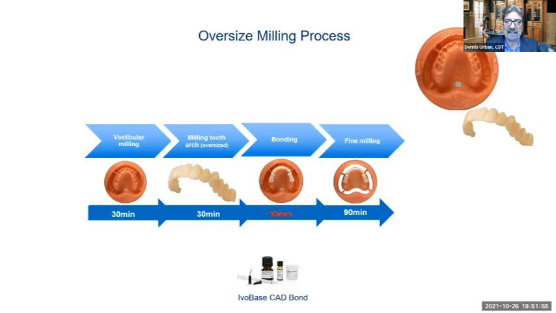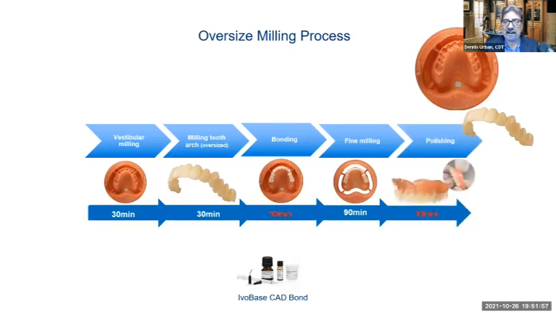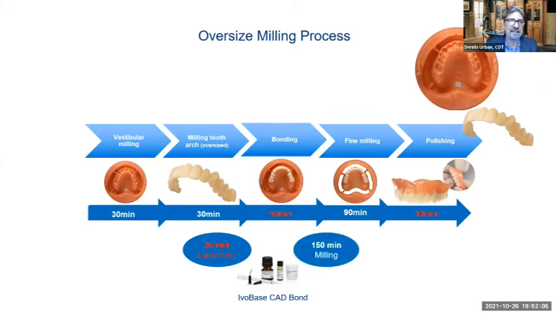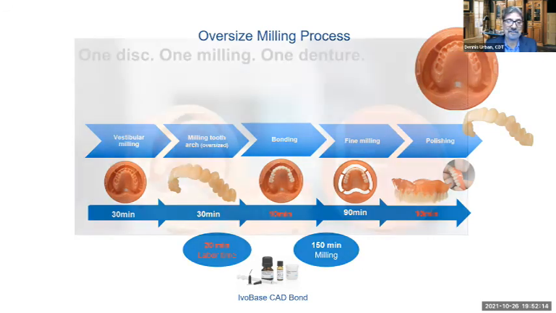About 90 minutes later, you have that nice denture that comes out with minimum finishing and polishing, and there you go. 20 minutes labor time, 150 minutes milling. So it's a little bit longer than the printed material, but a lot of times it's personal preference. You like a milled denture, or you want a printed denture.